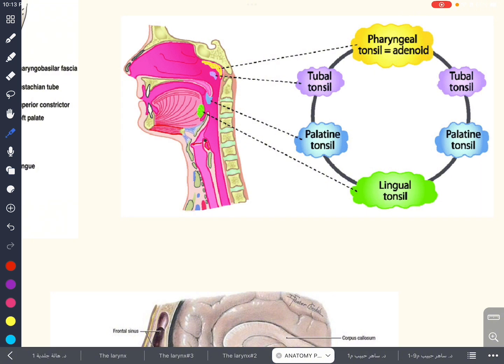For example, in this ring we have the nasopharyngeal tonsil, which is also called the adenoid. This is the adenoid, and we have this one, which is called the palatine tonsil, and this one is called the lingual tonsil, and we have other things like the pharyngeal nodule and lateral pharyngeal bands. We're going to talk about them.